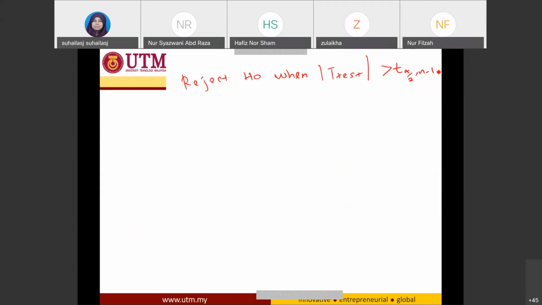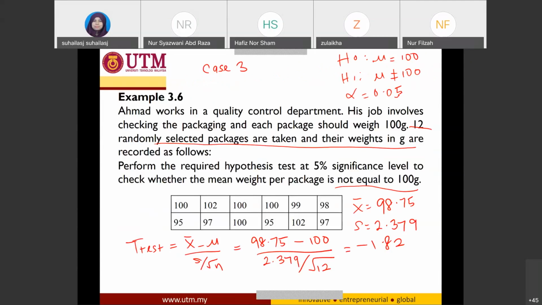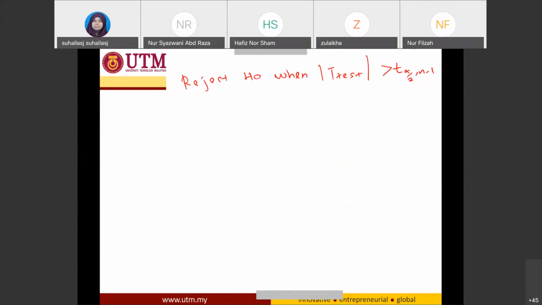Okay, so your alpha just now is 0.05. Let's get the t alpha value first. Alpha 0.05, so 0.025, with 11 degrees of freedom. Find from your stats table.